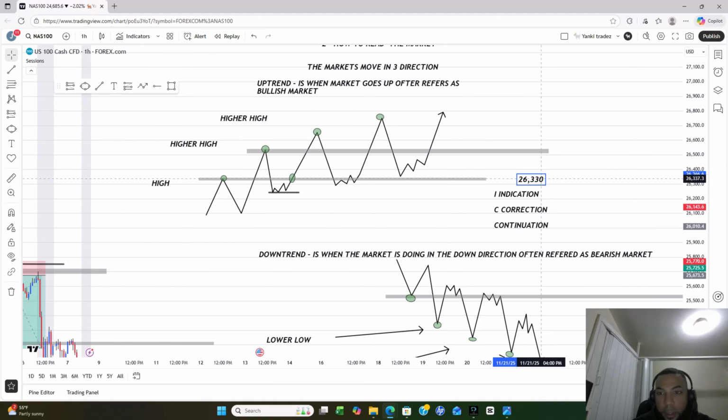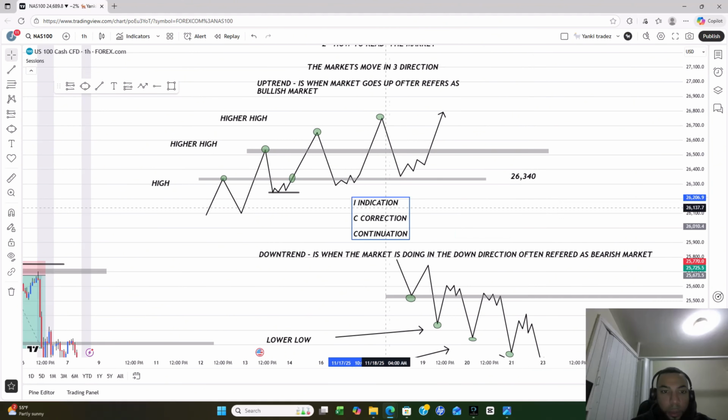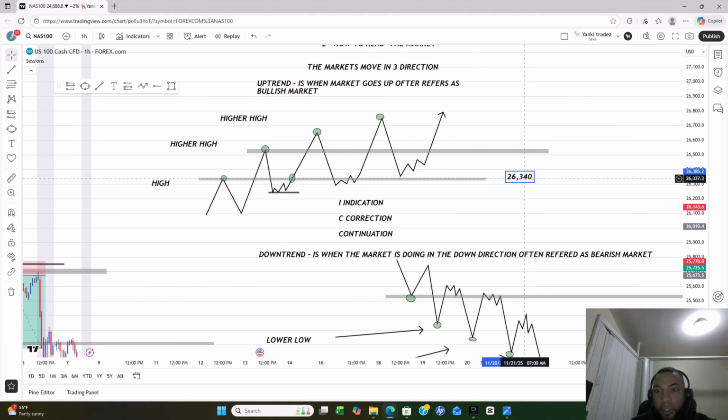Okay. Let's call it 40. You saw it right there, 40. Okay, 26. That's going to be our entry level for this trade over here.